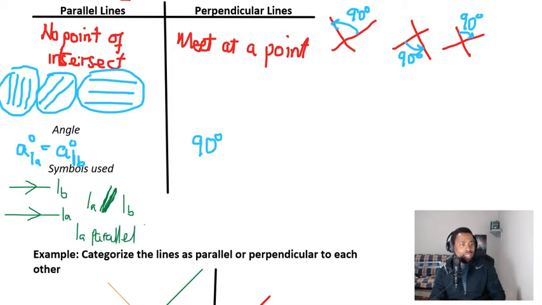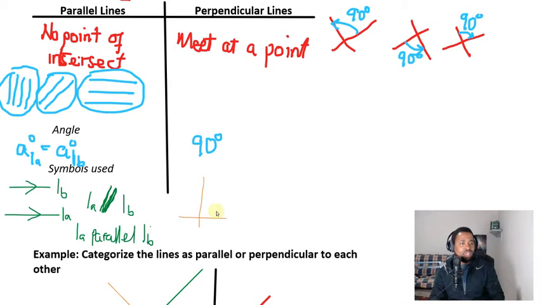to line B. However, on the other side, when looking at perpendicular lines, let's say you have this line and another line here, and you see the measurement of the angle from this point to this point.